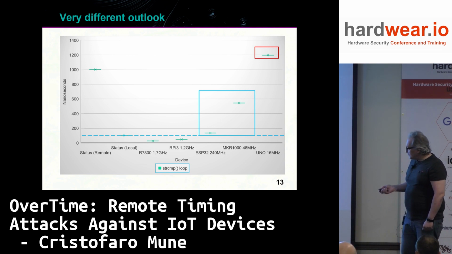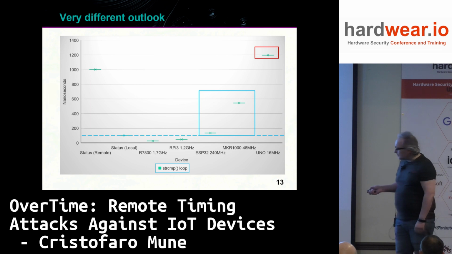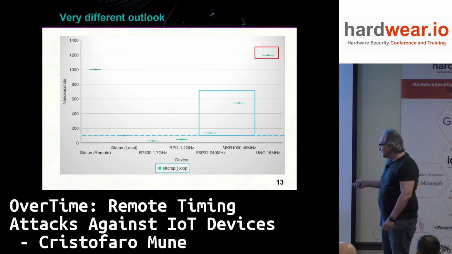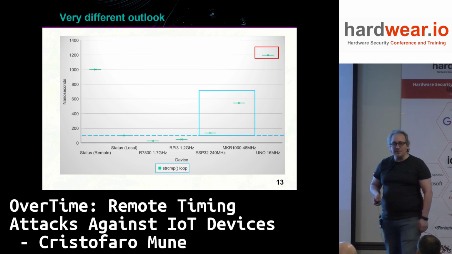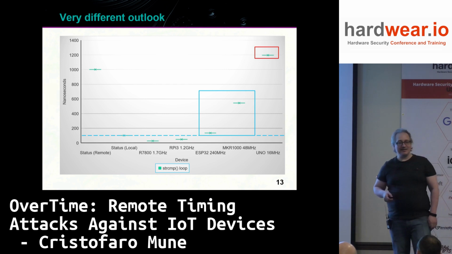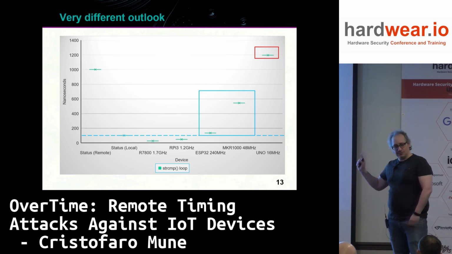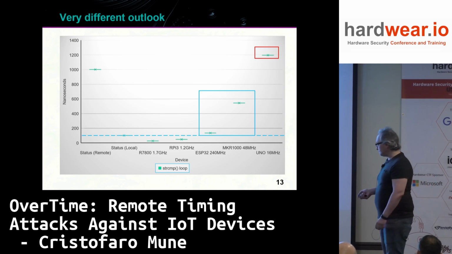What you see here is that the Netgear R7800 is 1.7 gigahertz, like this. Keep in mind though that it has frequency scaling, so it can go down to 800 megahertz, and of course it goes lower.